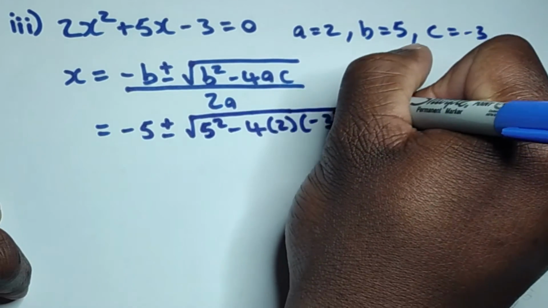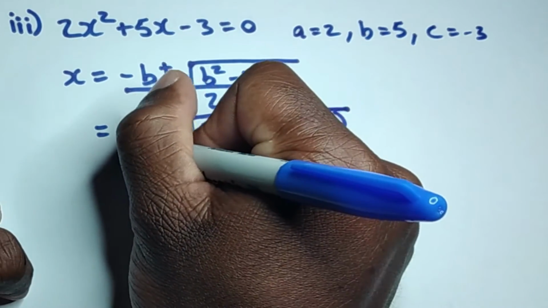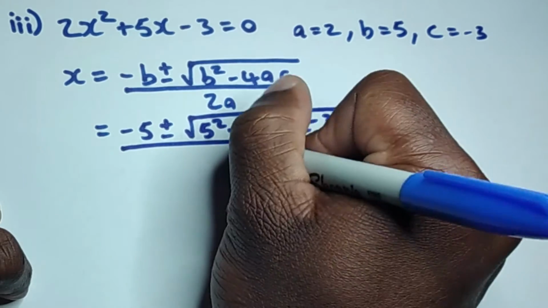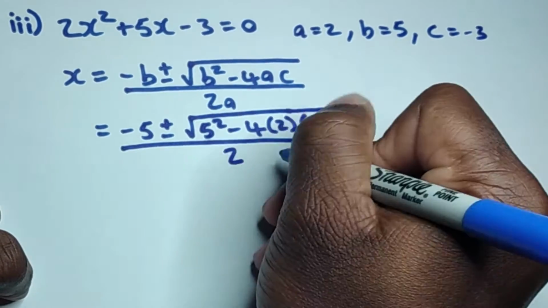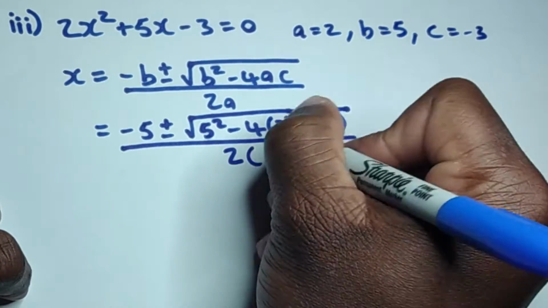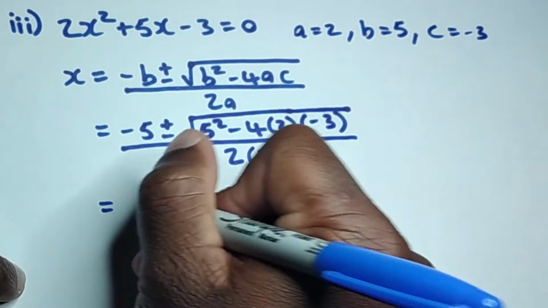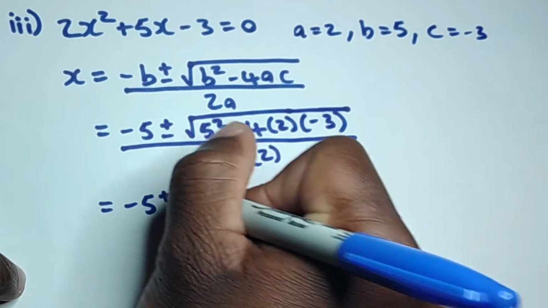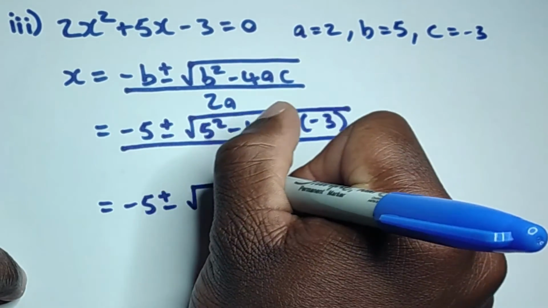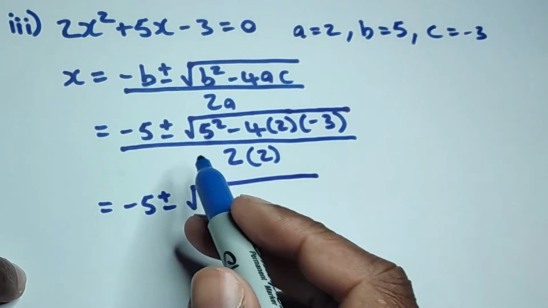And I have to extend this square root sign some more, over 2 times a, and my a value is 2.